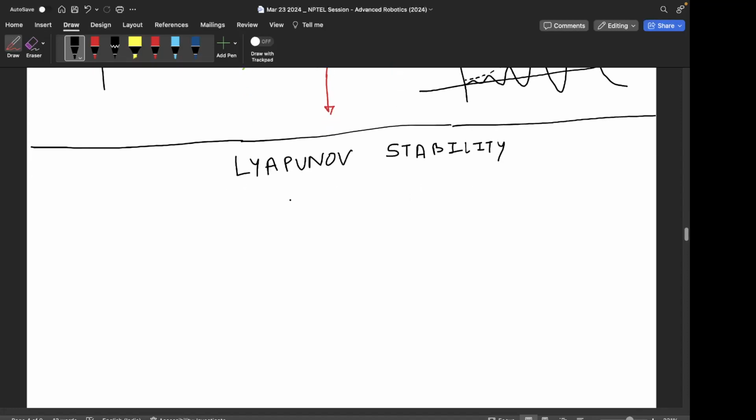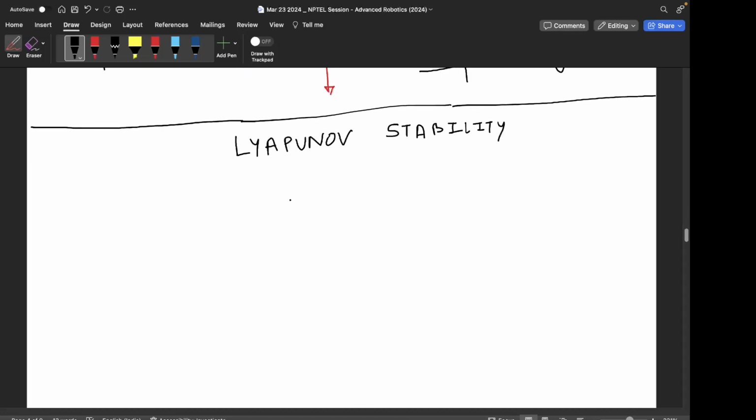So we have a system, right? Let's say we have system x dot is equal to f(x). This is the system dynamics, and f is differentiable and continuous.